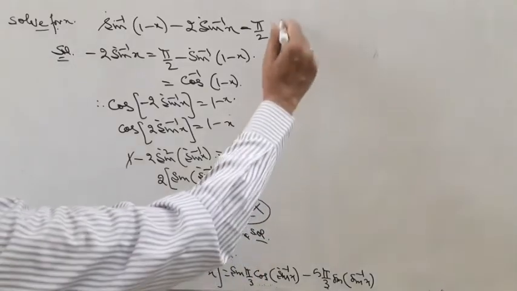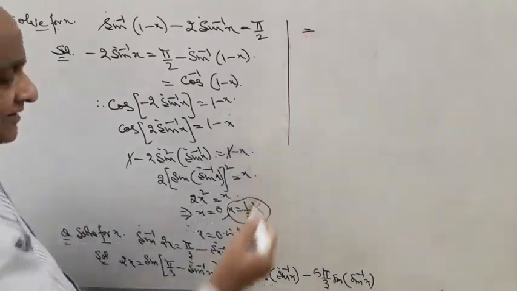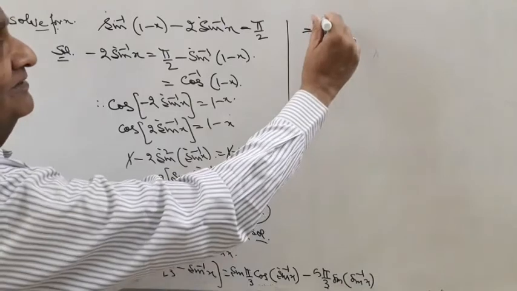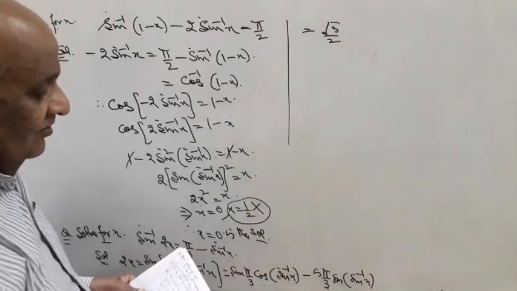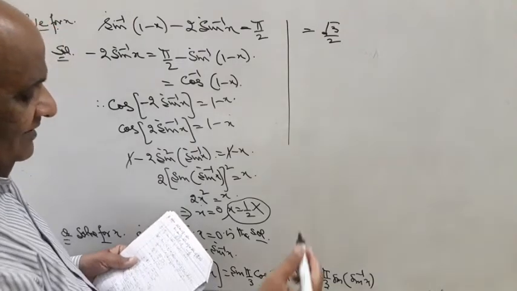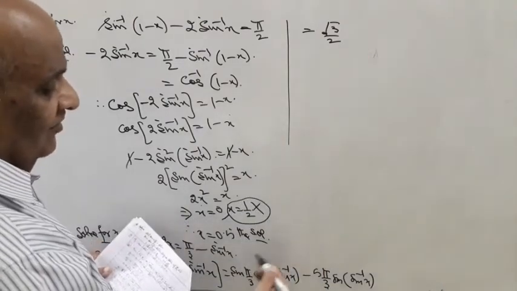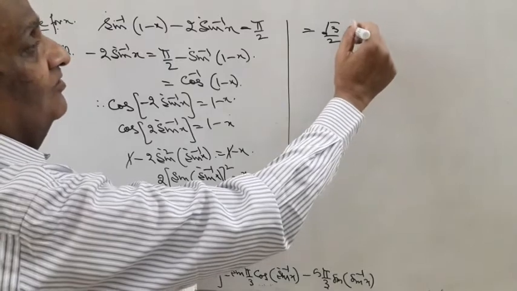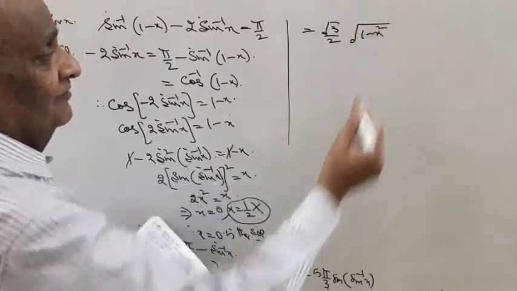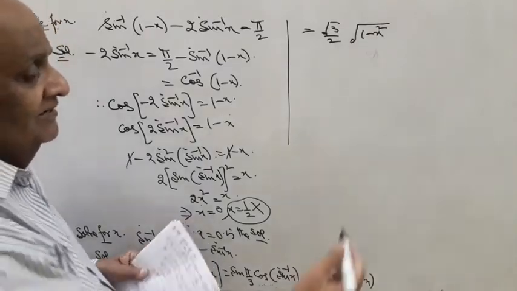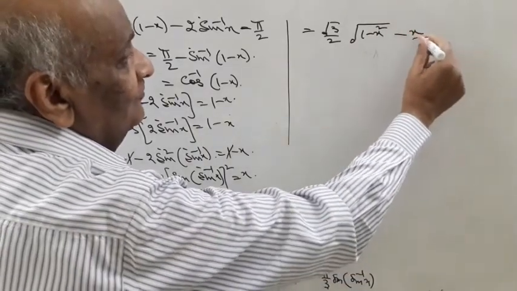Now this is equal to, I continue here. Sine pi by 3 is under root of 3 by 2, cos of sine 60 is half. Then we have cos of sine inverse x, which is under root of 1 minus x square, minus of x by 2.